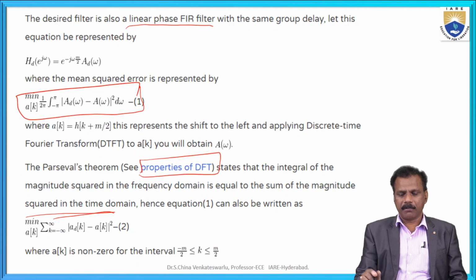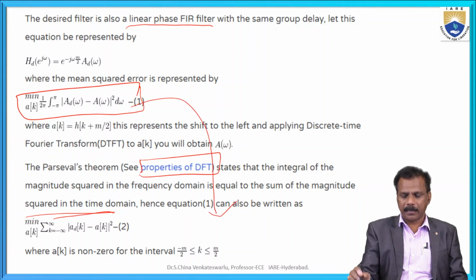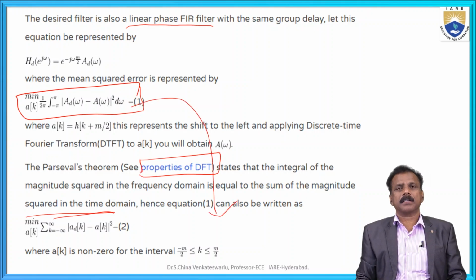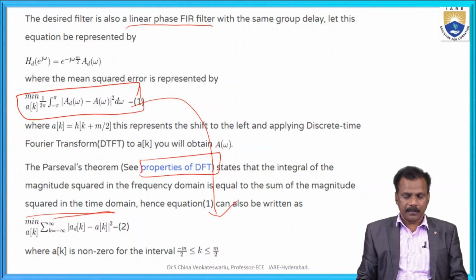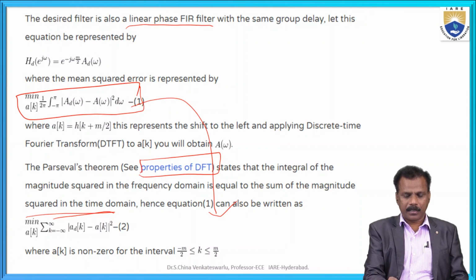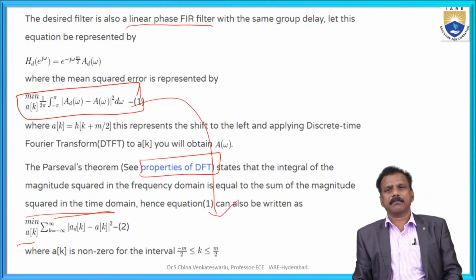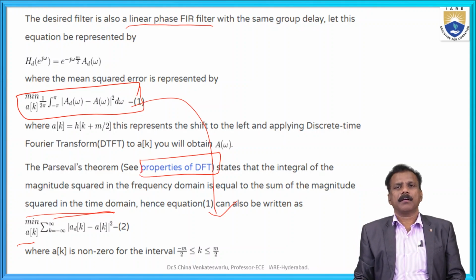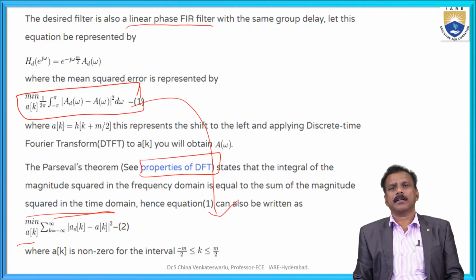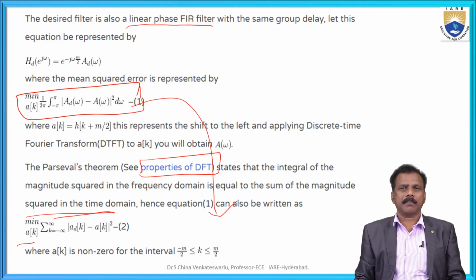Hence equation 1 can also be written as the summation over k from minus infinity to plus infinity of the square of a_d of k minus a of k.